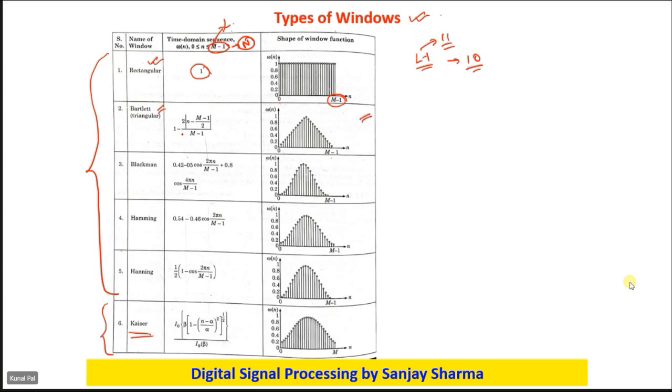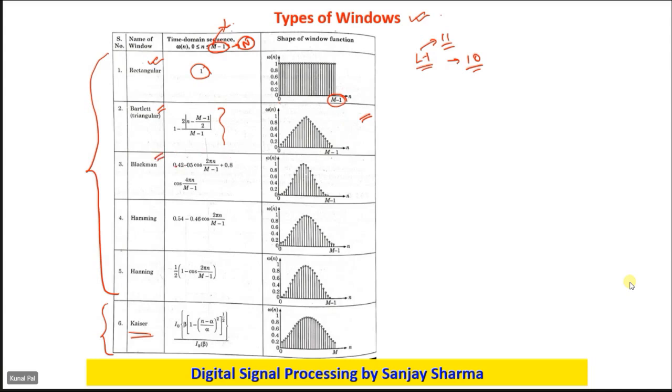Over here you have 1 minus 2 times the modulus of n minus (M minus 1) divided by 2, divided by M minus 1. This function gives you a triangular window. Then we have the Blackman window.